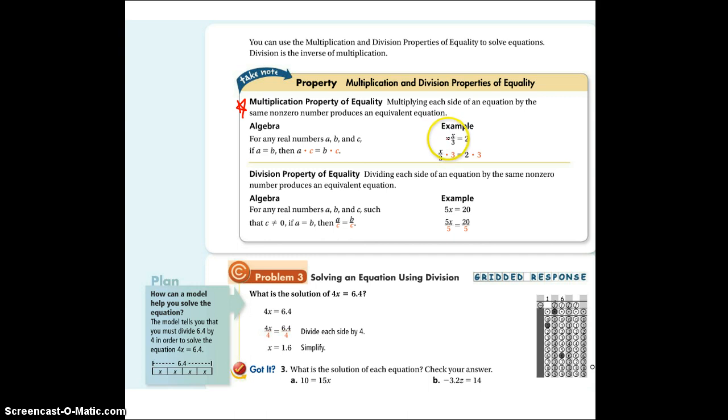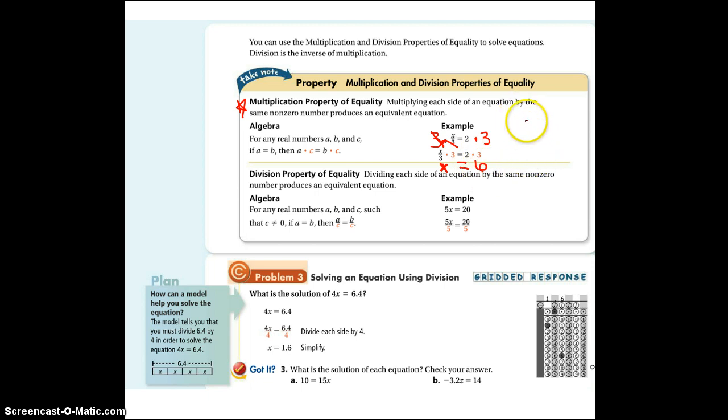Multiplication is the inverse of division. So I would multiply both sides by 3. The 3's divide out, and I'm left with an x. So I got the treasure box by itself, and I find out that it is equal to 6.